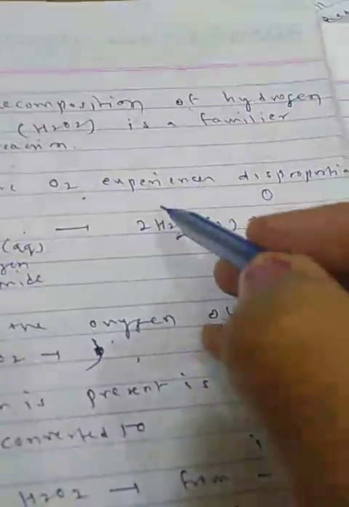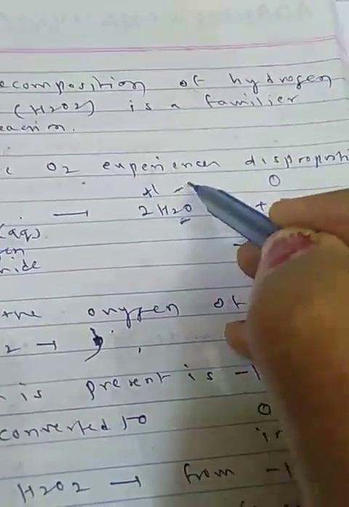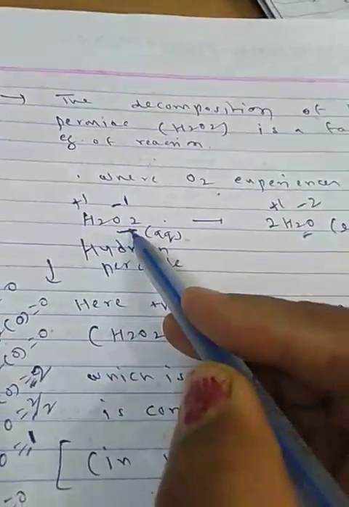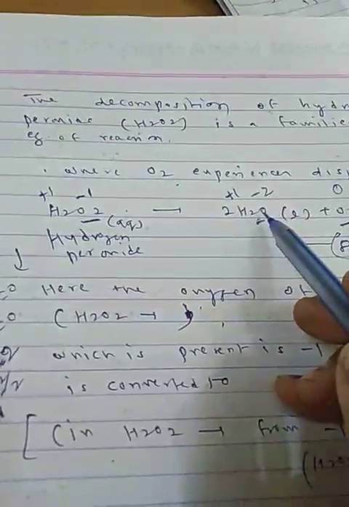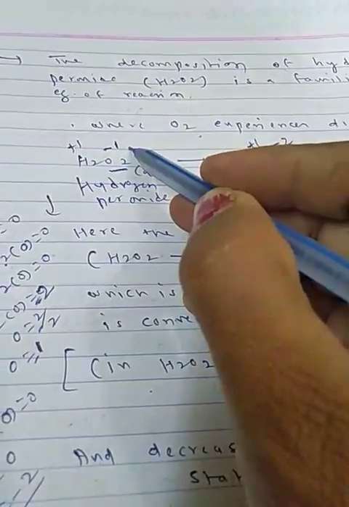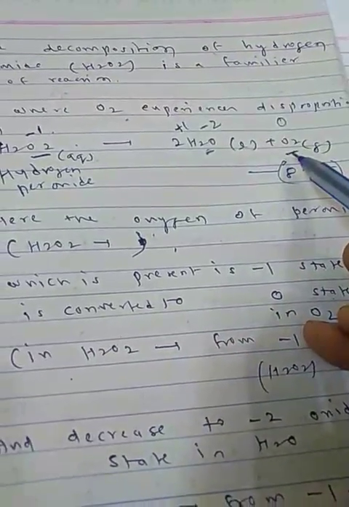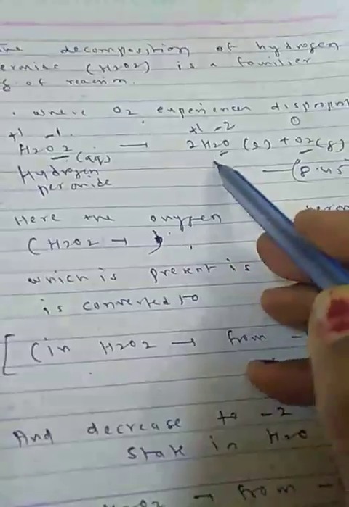Here plus 1 of hydrogen and -2 of oxygen. So from -1 to -2 is a decrease, and from -1 to 0 an increase. Followed? So here oxygen increases, and there it decreases.